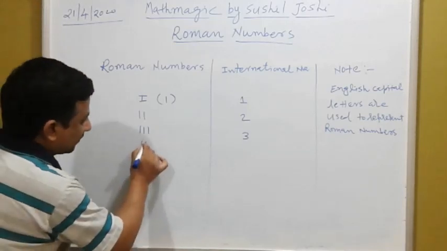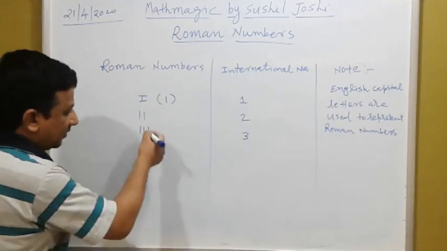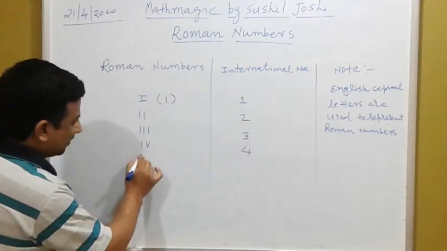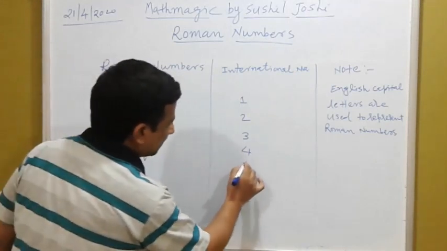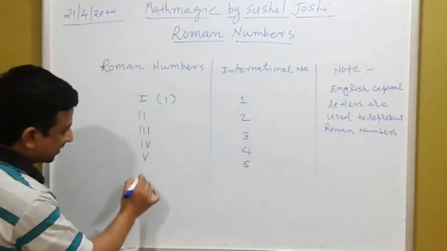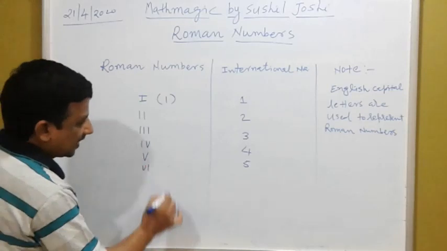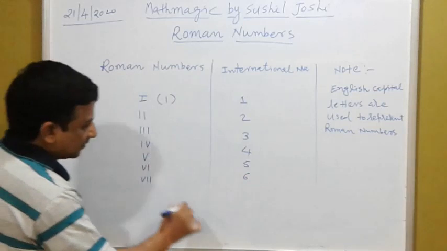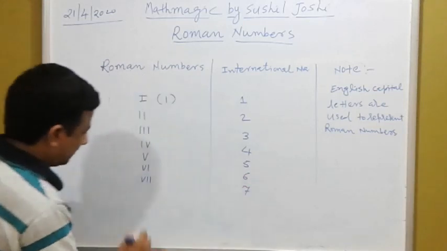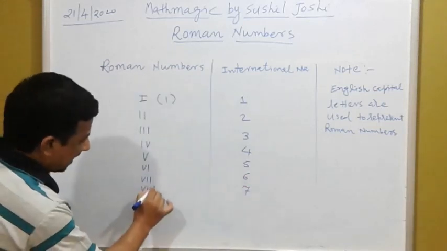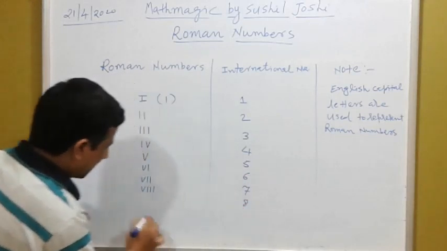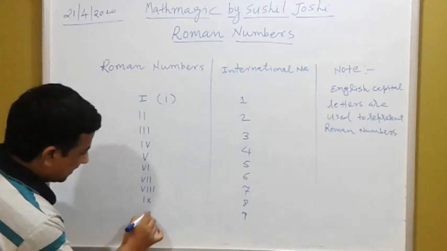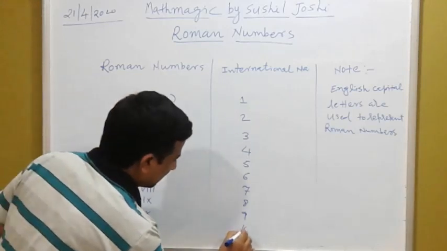To denote 4, we write IV, a new letter V is introduced here. To write 5, we write V only. To write 6, we write VI. To write 7, VII. To write 8, VIII. To write 9, we write IX. And to write 10, we write X.